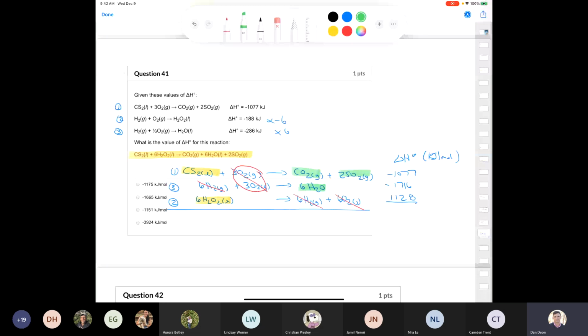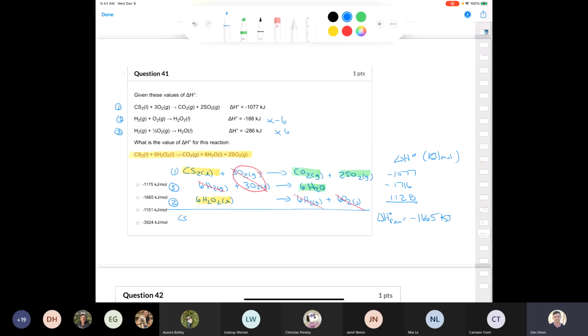So everything works out. Now I just have to tally up these three numbers here to figure out the delta H of reaction. And when I do that, I get the delta H naught for this specific reaction being equal to negative 1,665 kilojoules. Okay, so there we go.